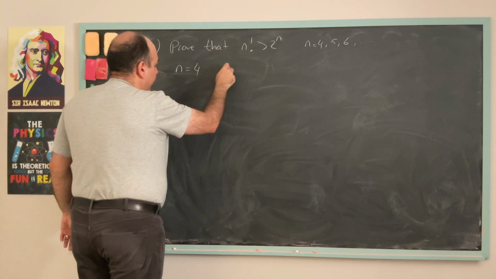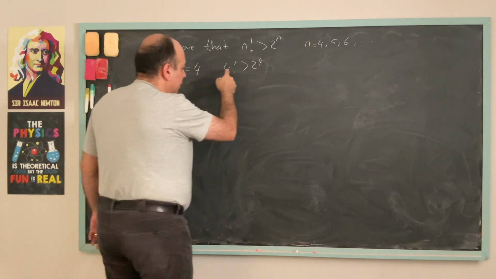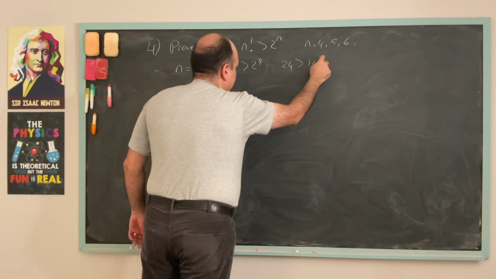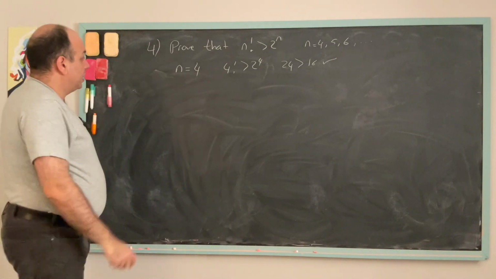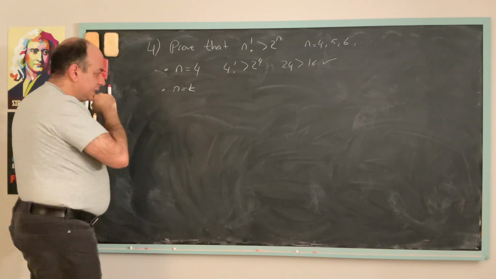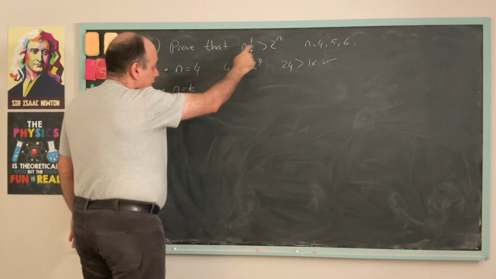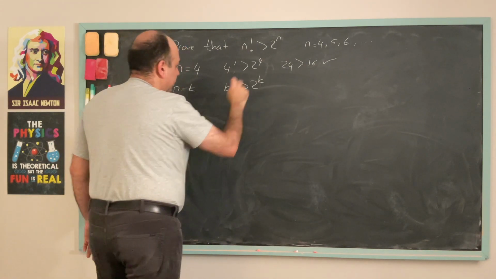So when n is equal to 4, we have 4 factorial. This is larger than 2 to the 4. Is this correct? So 4 factorial is 24. 2 to the 4 is 16. So yes. So n is equal to 4 is true. So this is going to be our base. Second, we are going to say that n is equal to k. For n is equal to k, this also holds true. So k factorial is larger than 2 to the k.